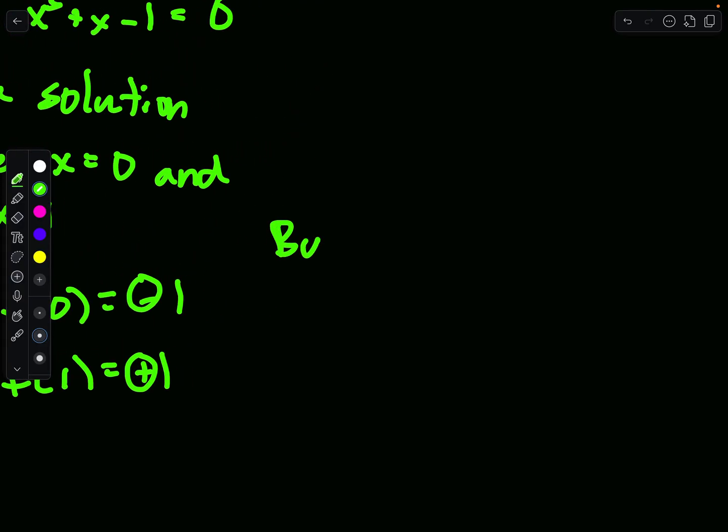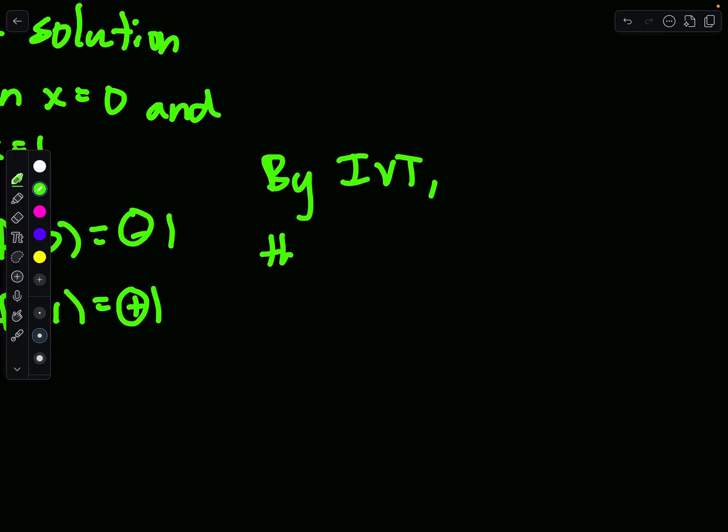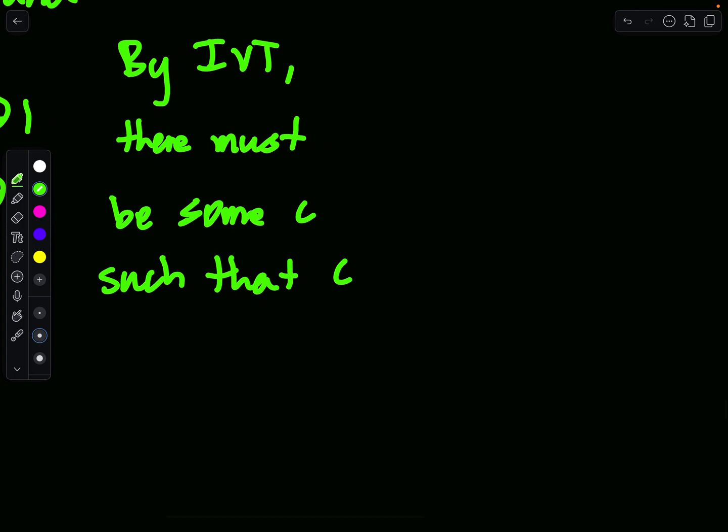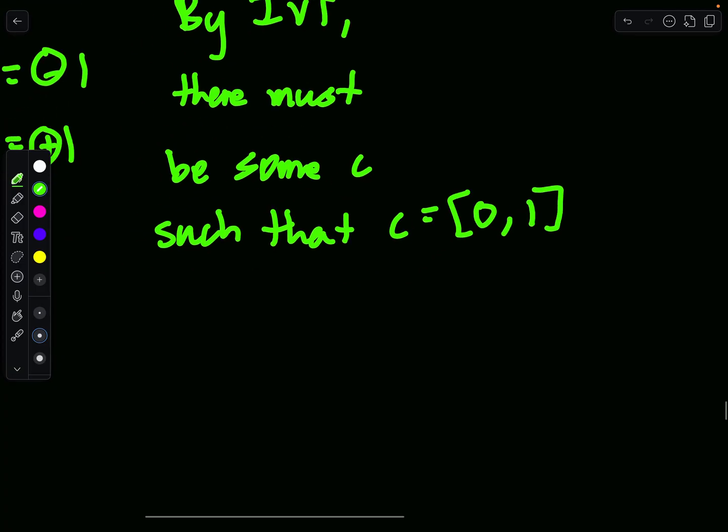So by IVT, there must be some c such that c is on the interval [0, 1], and f(c) equals 0.